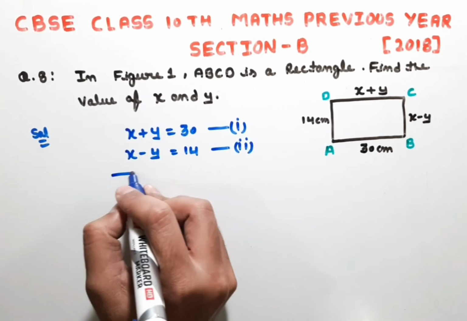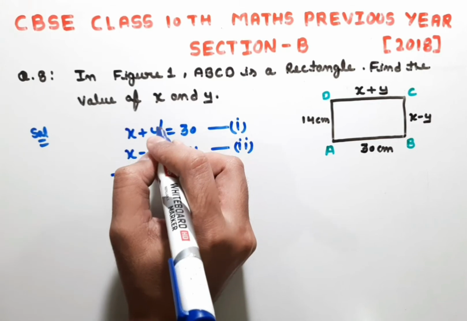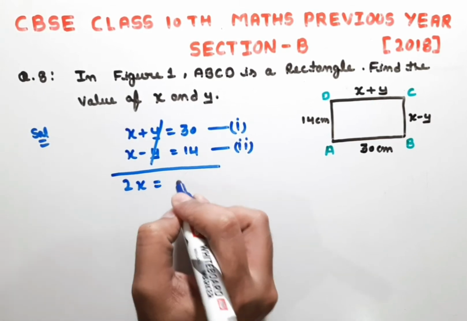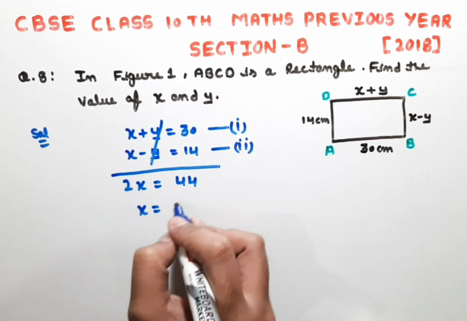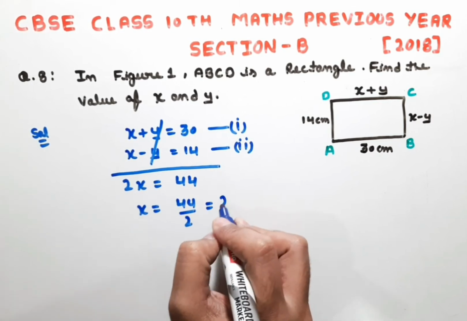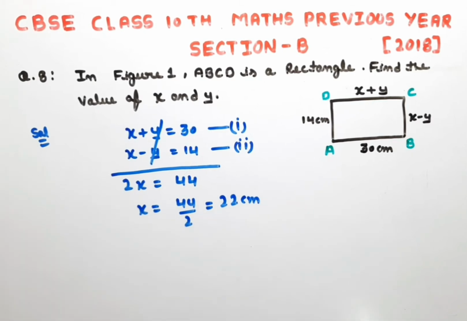So on adding, y will be cancelled out, so 2x will be equal to 44. So from here x will be equal to 44 upon 2, that is 22 centimeter. Now putting the value of x in equation first.